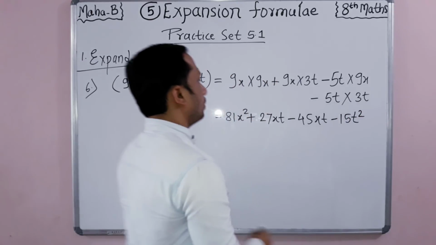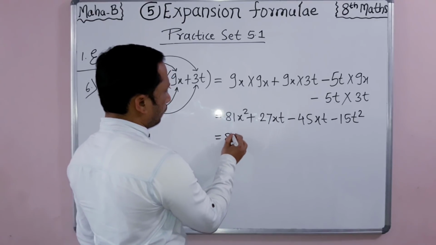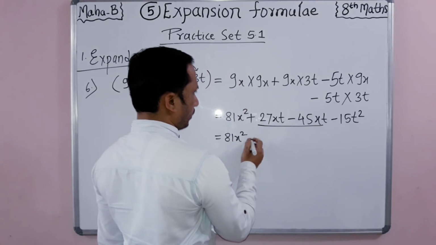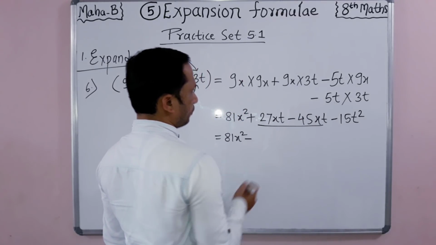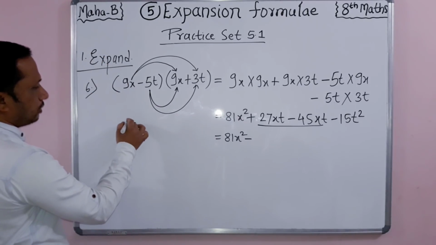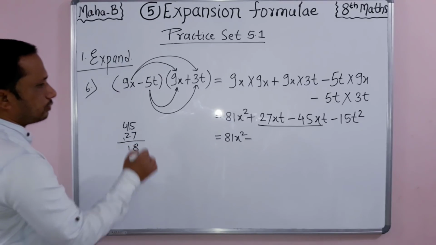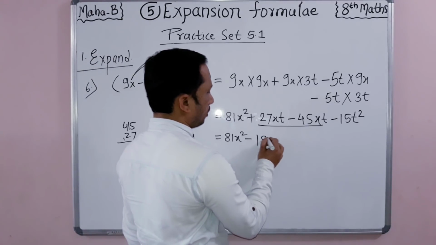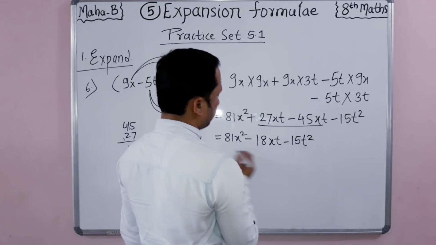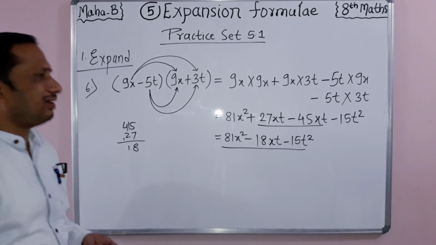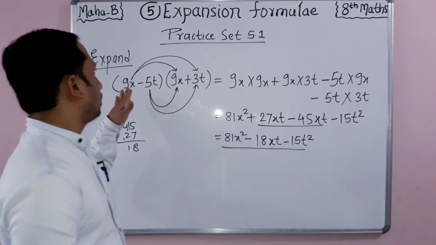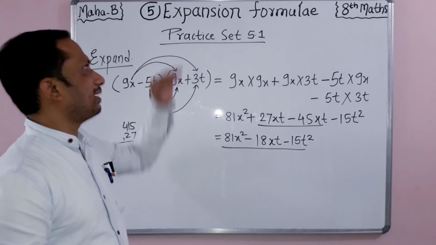So this is nothing but 81x square. Now subtract this 27 from 45: 45 minus 27 is 18, so minus 18xt and minus 15t square. This is the expansion of the given sixth problem of our practice set 5.1.